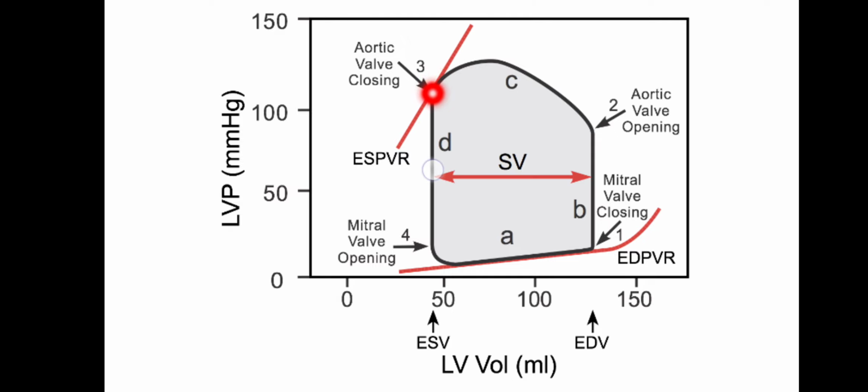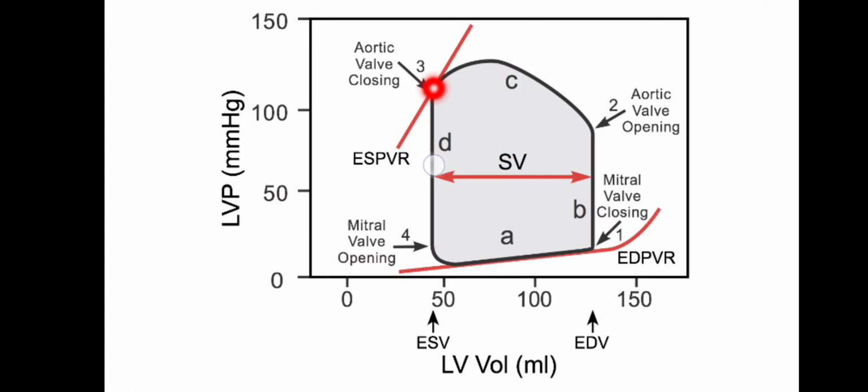That will cause the aortic valve closure. That is shown as the ESPVR slope. The steeper the slope, the more inotropic the ventricle is. The shallower the slope, the decrease in the inotropy.